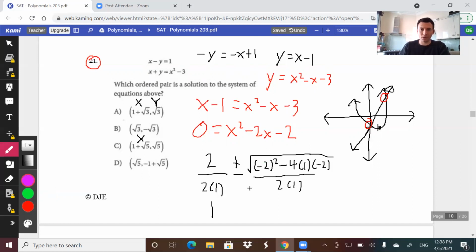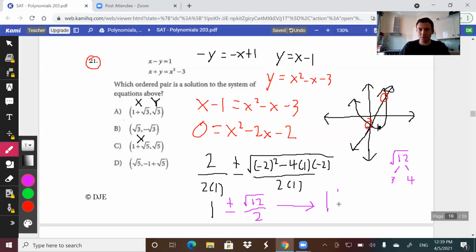Okay, I'm going to do some purple so it stands out. So what we have left over is 4 plus 8 here, right? So that's going to give us root 12 over 2. And if we just move this over, root 12, we have a 3 and a 4. A 4 is 2 2's, so we have 2 root 3.